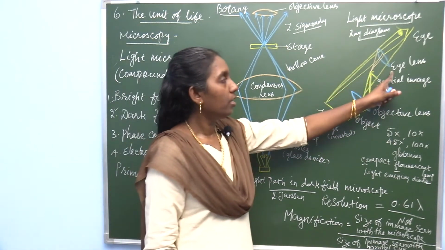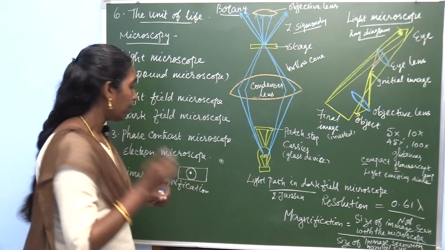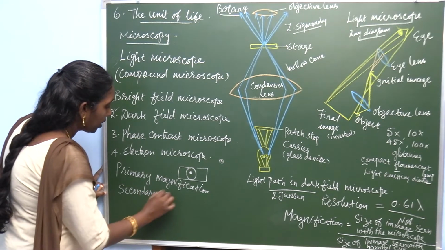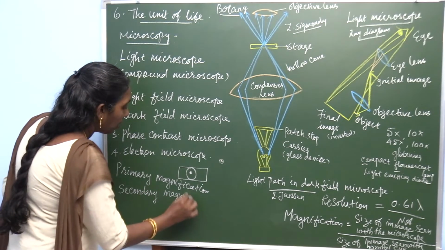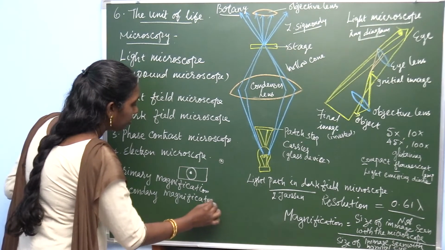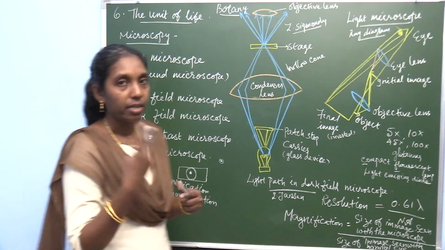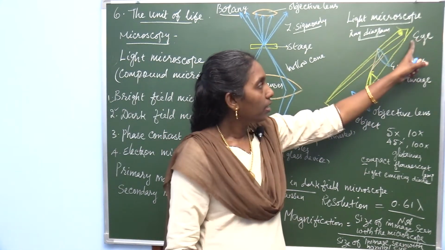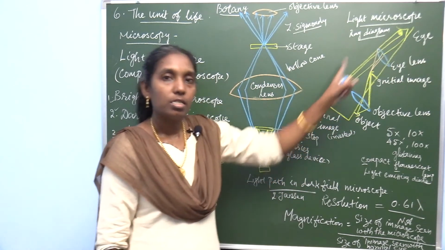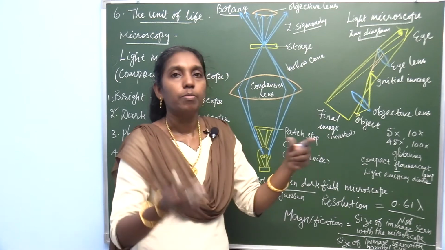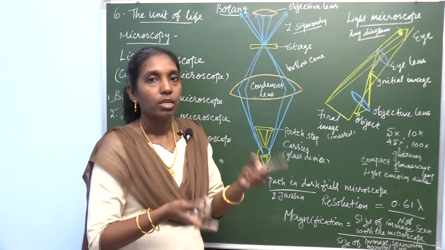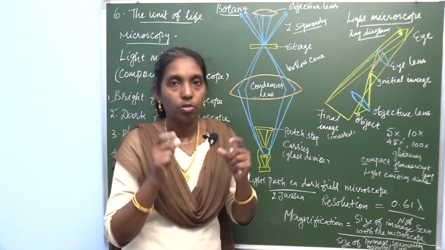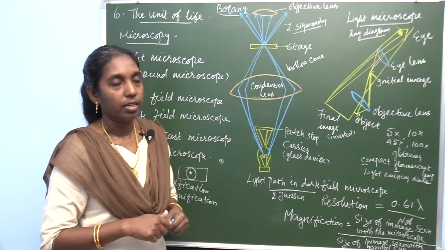And this eye lens, that is the eyepiece, magnifies the image again, that is the secondary magnification. So 2 times it magnifies the image, and when you look through the eye, the image is visible. The final image becomes an inverted image. So it inverts the object and shows the image clearly, visible through our naked eye.